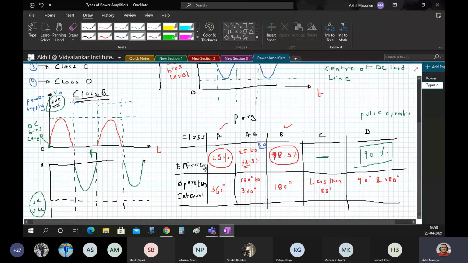You can find a similar table in the book by Boylestad.